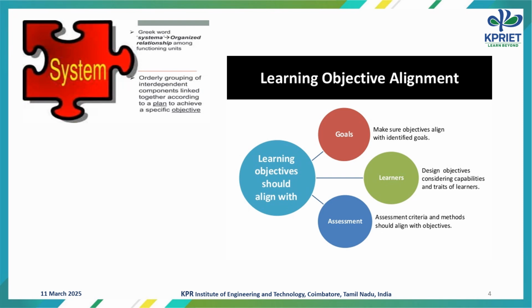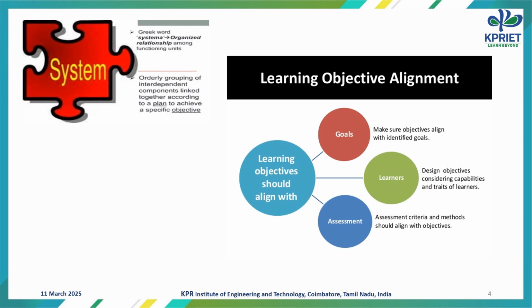At the end of this semester, at the end of the course, we should be able to explain and understand all the concepts covered in this syllabus. Likewise, for every software, that is a learning objective alignment.